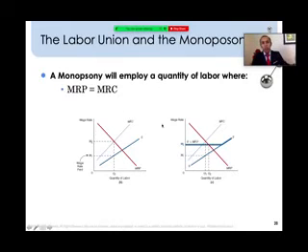So this is when the union comes in and argues for a higher wage. This wage is too low. We don't want this wage. We know you could pay us a little bit more, so we're going to start organizing and bargain for a higher wage, which is this solid line here, because they know that this gap here is potentially a higher wage. So what we see here in the second model, wage rate on the vertical axis, quantity of labor on the horizontal axis, is that the supply of labor is underpaid by the monopsony, a low wage, according to their view.